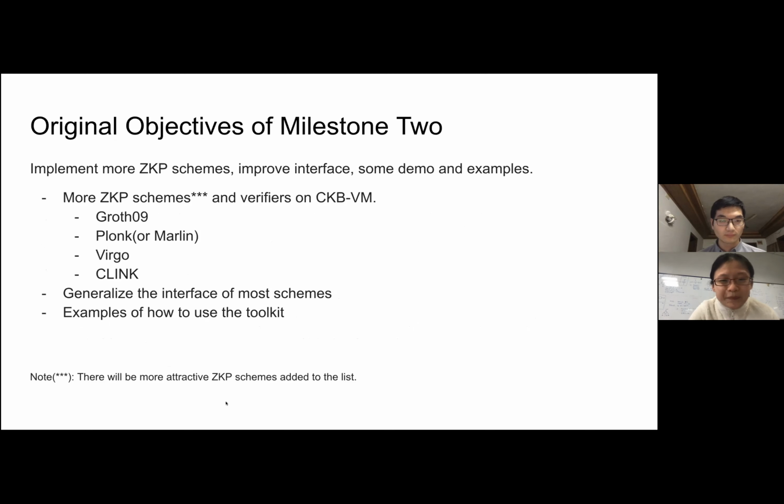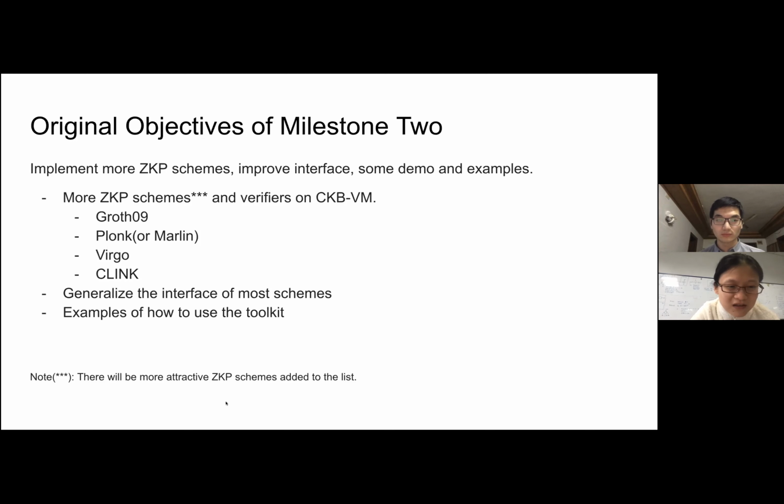And then Plonk or Marlin, which at that time we chose because they use the KZG polynomial commitment scheme. Virgo is very different from these two. It is GKR based, and it also uses the FRI technique.